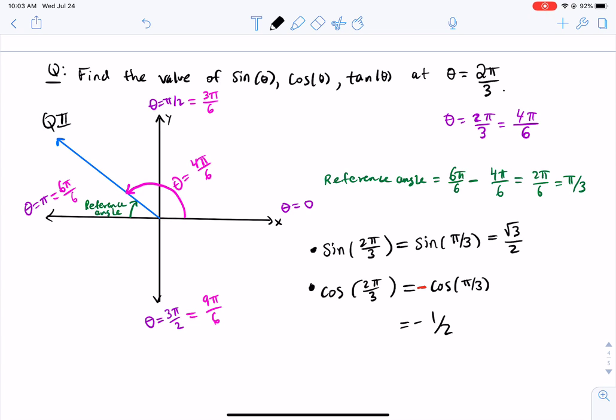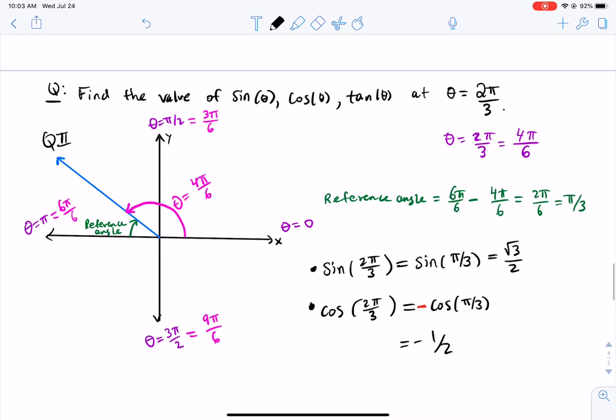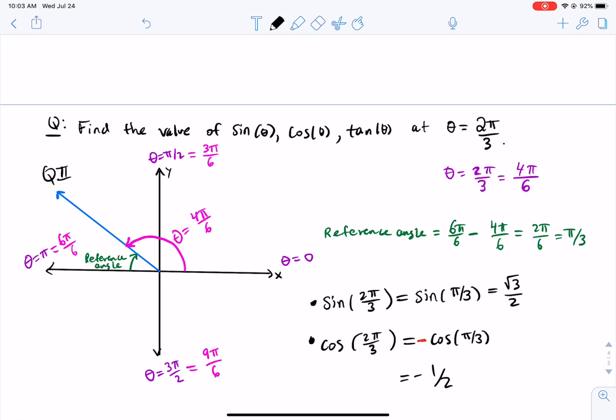Mr., I have a question. Why did you write pi as 6 pi over 6? So that we wanted to know which quadrant this angle was in. Which quadrant is 2 pi over 3 going to be on? It depends on what degree that is. One option would be to turn this into a degree, but that's not very productive.